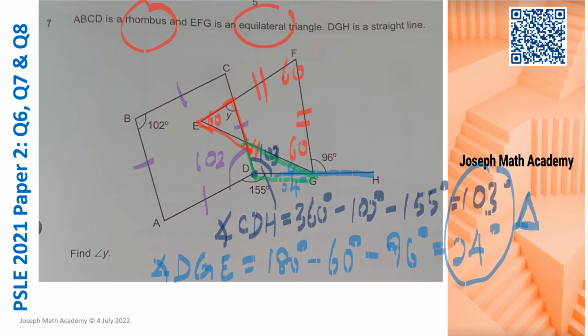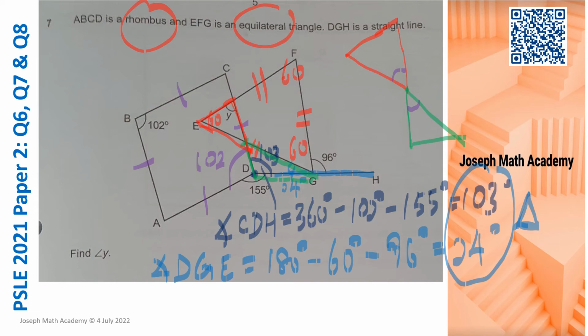So I'm going to re-sketch that green and red triangle as large as I can over here. Imagine this is the red one, and this is the green one. So these two angles are vertically opposite to each other.